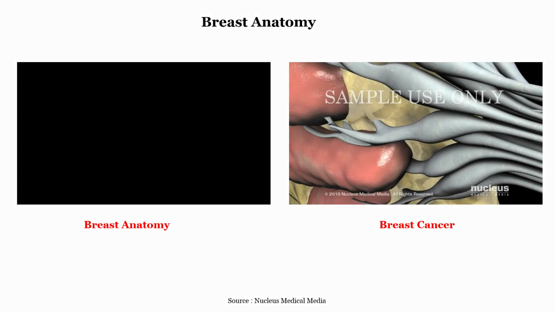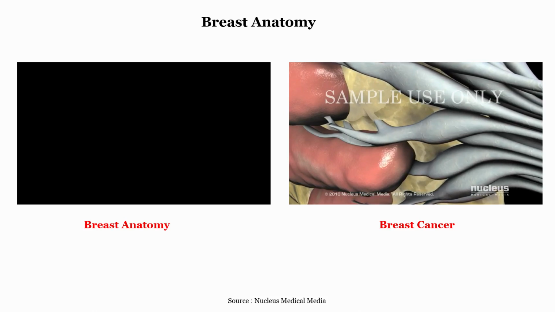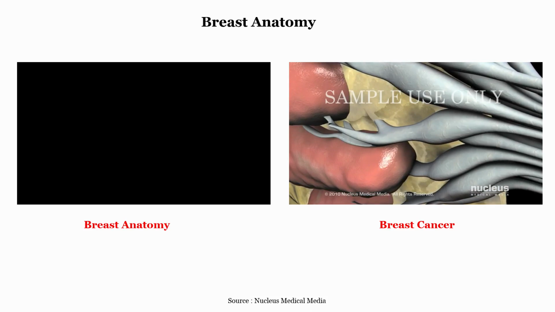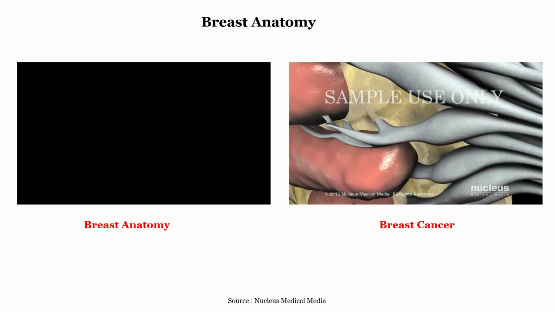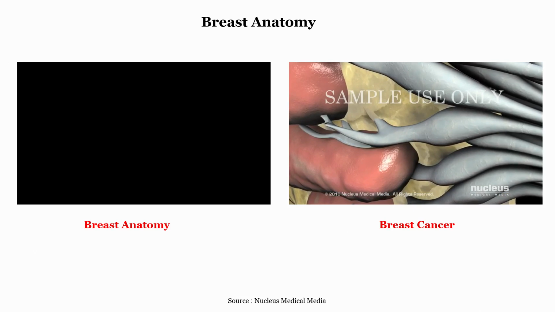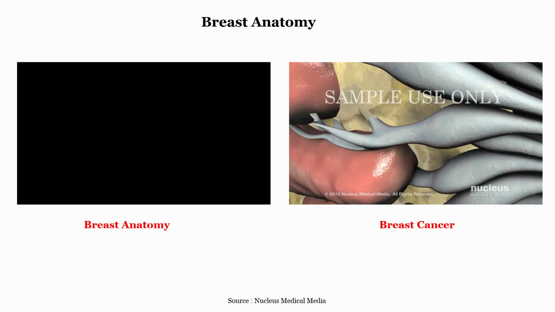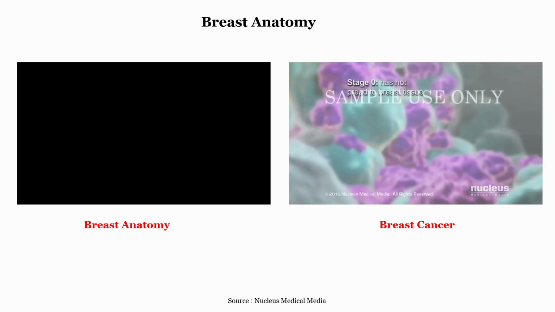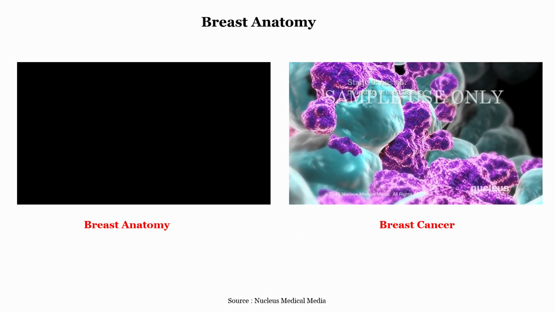The staging of breast cancer refers to the extent of the disease. The cancer stage is based on several factors, including the size of the tumor, if any lymph nodes are involved, if the cancer is invasive or non-invasive, and if the cancer has spread to areas beyond the breast. Stage 0 is considered a non-invasive breast cancer.